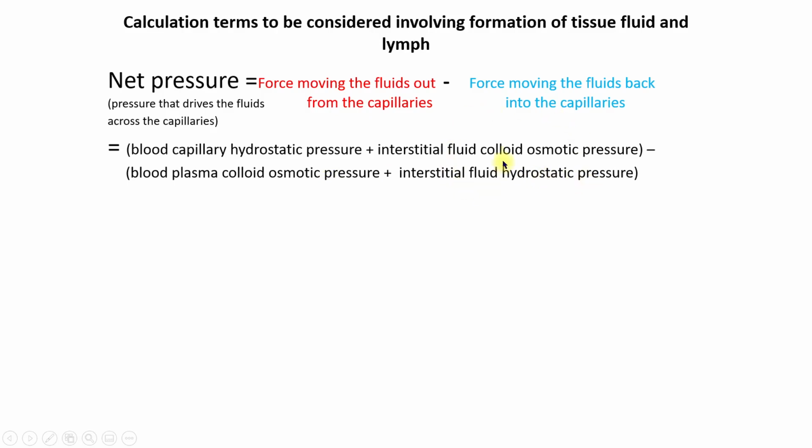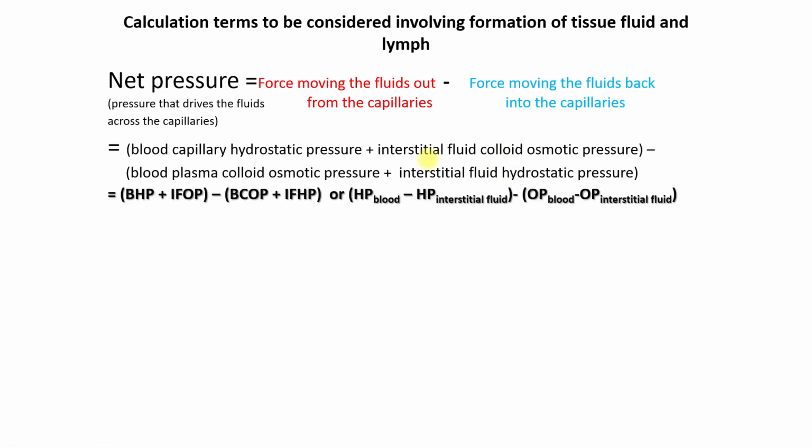So if we find this quite difficult to remember, we can simply rewrite the formula into BHP, which is blood hydrostatic pressure, plus interstitial fluid osmotic pressure, minus blood colloid osmotic pressure, or blood osmotic pressure, plus interstitial fluid hydrostatic pressure.